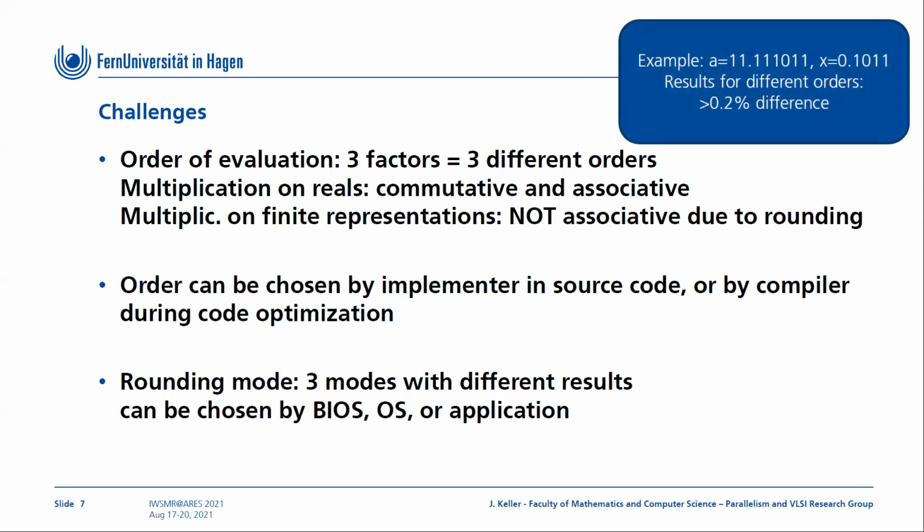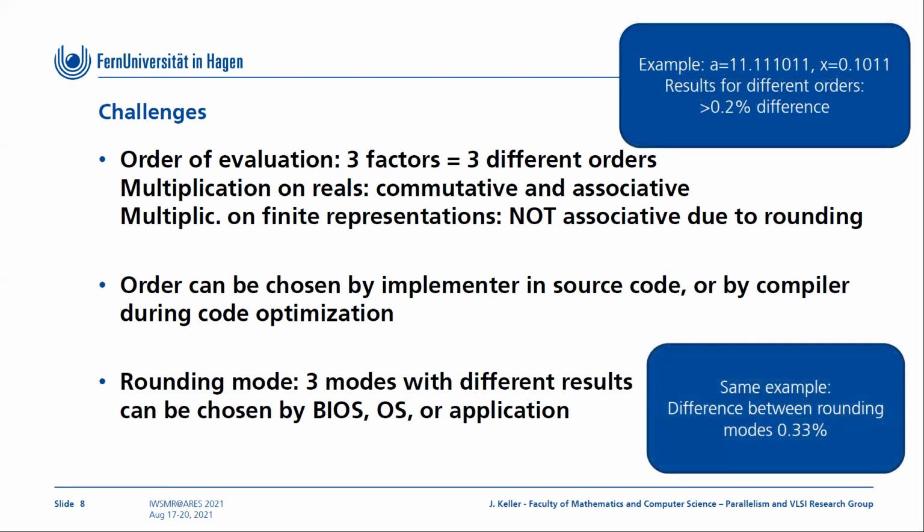Let's look at an example. Here we have A close to 4, and we have an X which is a little larger than 1/2. Depending on the different order of evaluation, the results differ by a relative size of 0.2%, which is notable.